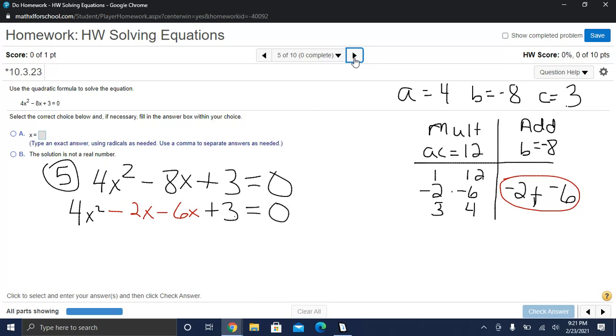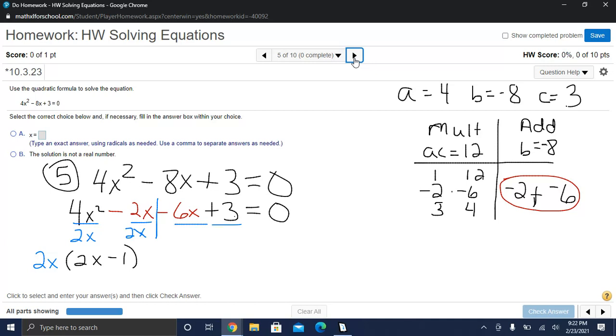I can do my cut line and divide by my common factor, which actually would be 2x. So I'll have 2x and then start a parentheses, making 2x minus 1. For my second part of this, I can divide.